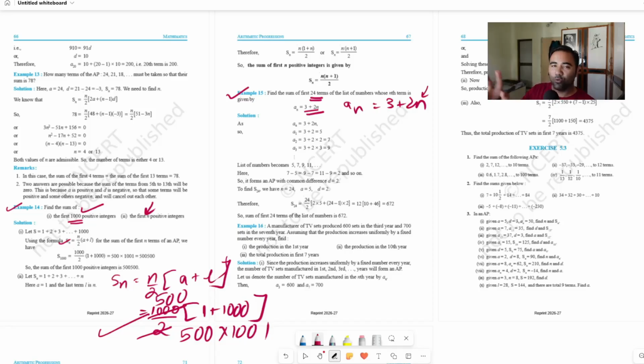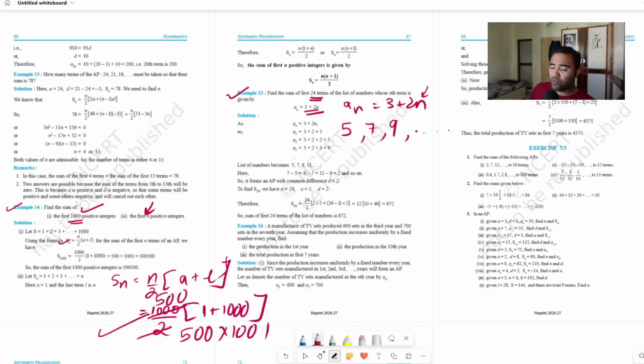If I put n is equal to 2, I will get the second term. So if I put n is equal to 1, it is 5. If I put n is equal to 2, 2 into 2 is 4 plus 3, 7. If I put n is equal to 3, 9. So on and so on till I put n is equal to 24. Fine, that's okay then.